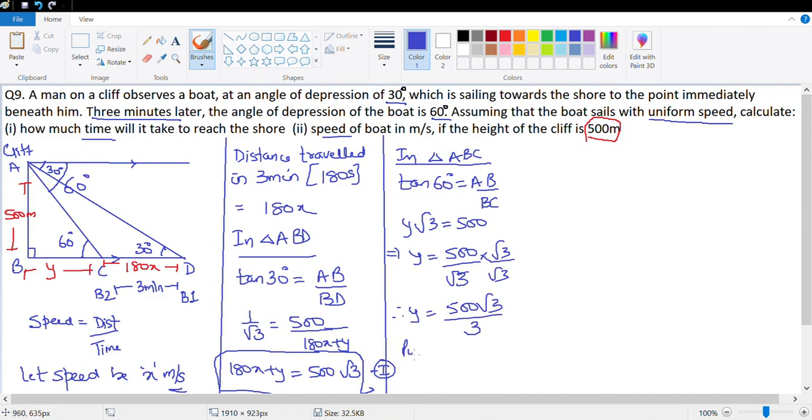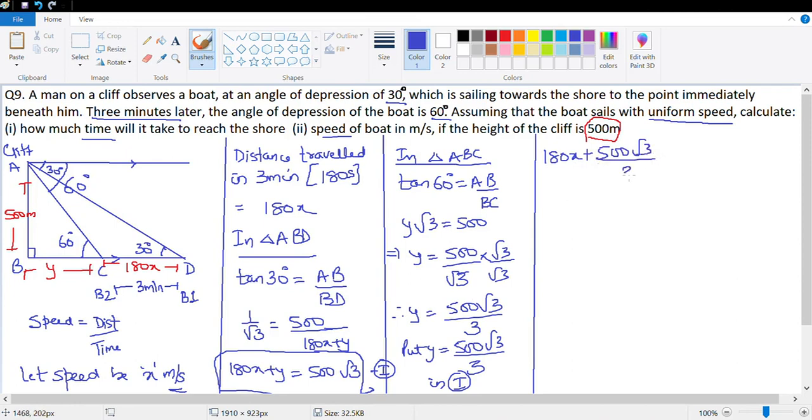Let's put y equal to 500 root 3 upon 3 in equation 1, because now we'll have an equation with only x as a variable. We should get something from there. So 180x plus y, instead of y I am writing 500 root 3 upon 3, is equal to 500 root 3. 180x will be equal to 500 root 3 minus 500 root 3 upon 3.